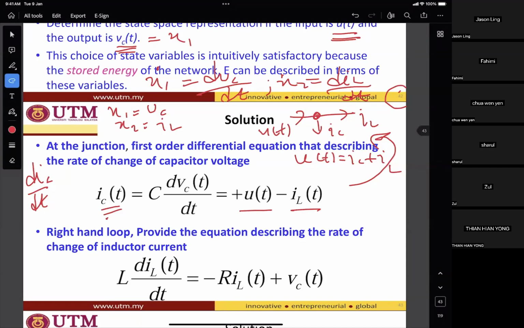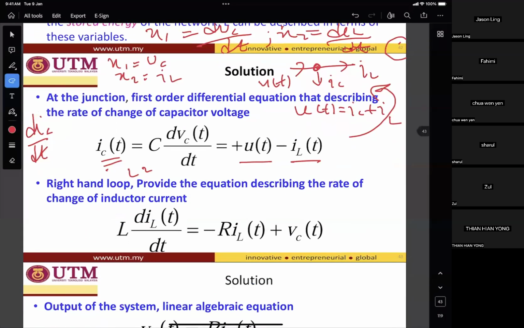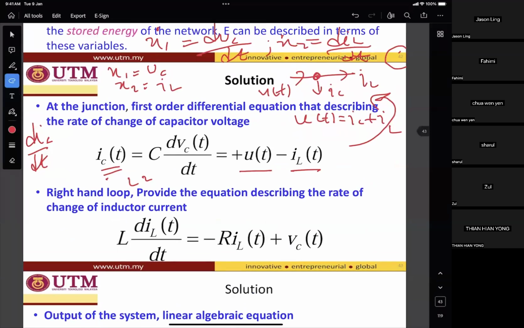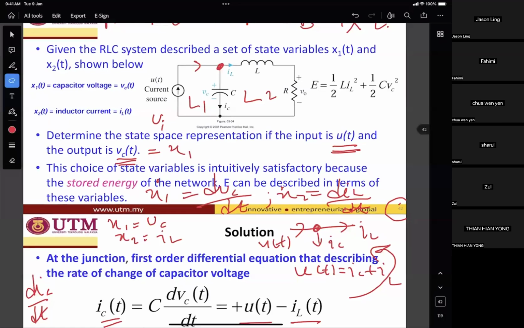On the right hand loop, which is loop number 2, we provide the equation describing the rate of change of the inductance. So this is loop number 2. What is the KVL over there in loop number 2?